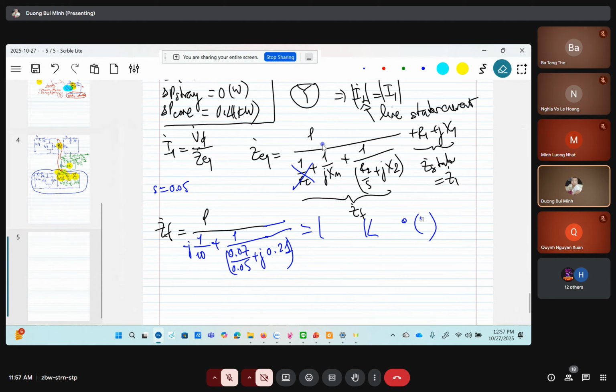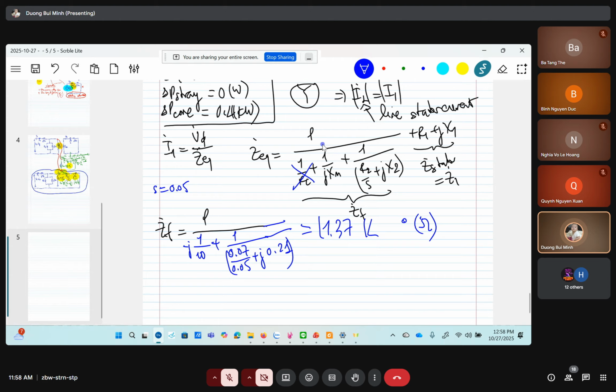Please help me to calculate it quickly because we don't have enough time, otherwise we need to stop. It is 1.37, angle is 16.3 degrees.